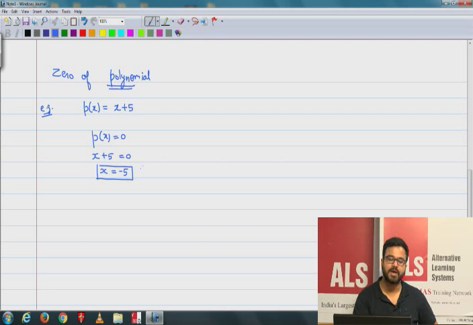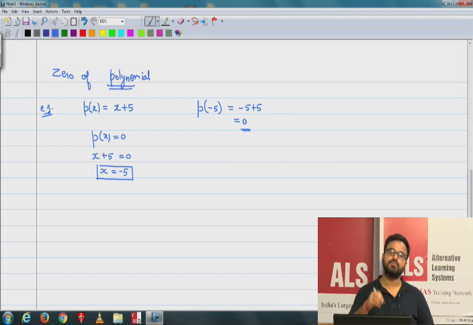When you substitute x equal to minus 5, minus 5 plus 5 will become 0. So on substituting x equal to minus 5 in the polynomial, the answer is coming out to be 0. That's why x is equal to minus 5 is called the 0 of this polynomial. So basically, to find the 0 of the polynomial, you just have to equate the polynomial to 0.